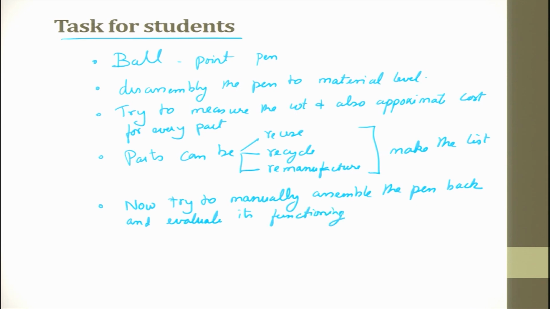You will see a lot of challenges will be there, and it will be very surprising to see that many times it will not even function. Then on top of it, when we have made parts that can be recycled, so now you have stripped it to the last mile, right, to the material level.